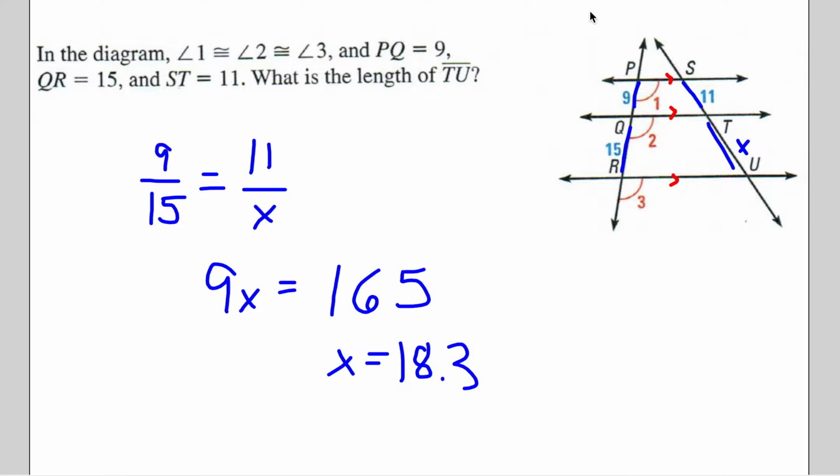And you can see that if I had done it the other way, I would have done 9 over 11 equals 15 over x. And look, we would have been doing the exact same math, multiplying 15 times 11, multiplying 9 times x, and then cross multiplying and solving. So there is that.